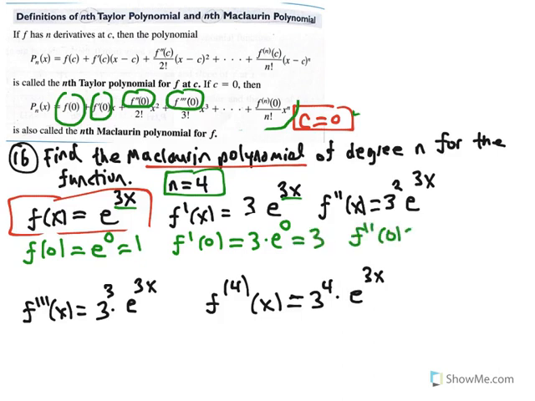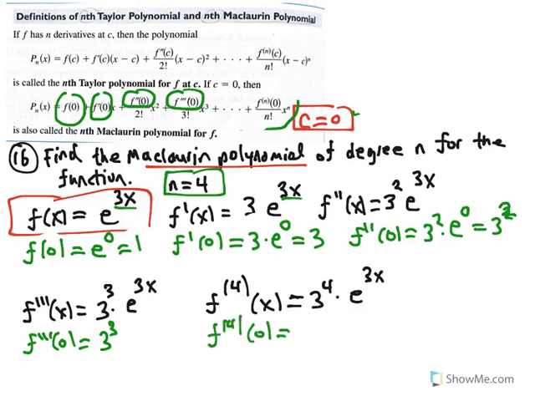F double prime of 0 would be 3 squared times e to the 0, and e to the 0 is 1, so that's 3 squared. And then f triple prime evaluated at 0 would be 3 to the third, and the fourth derivative of f evaluated at 0 would be 3 to the fourth.